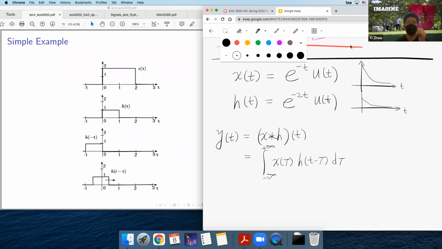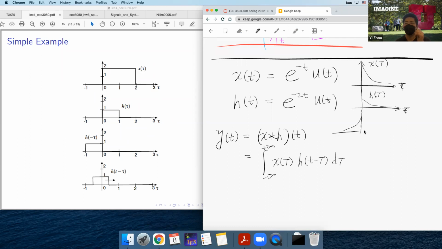So this is x(t), h(t), and I'm going to use the same notation here: x(tau), this is tau, h(tau). If I do a time reversal, this is h(negative tau). And then I start to shift the reversed h from left to right.